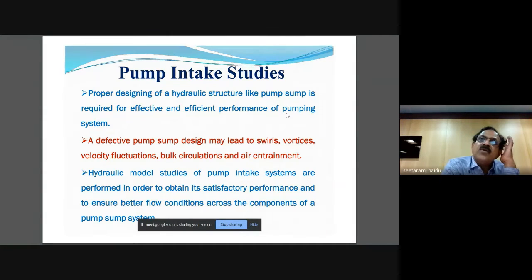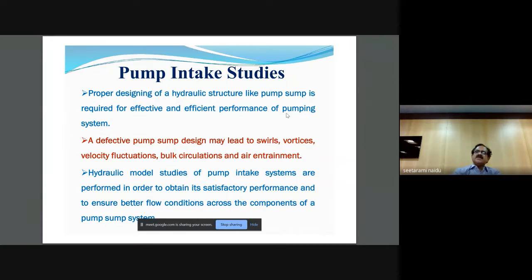There, if you are operating at a smaller discharge, then jet deflection is possible and imbalance of the needles is possible. So the recommended practice is always to operate at the rated discharge.